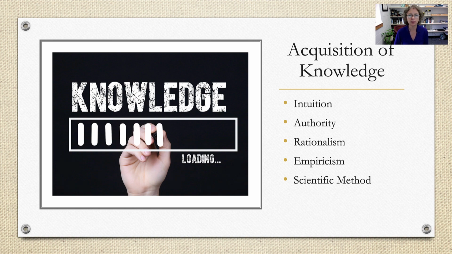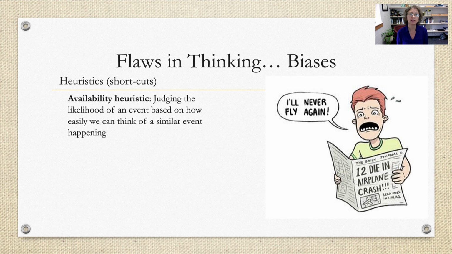And then this leads us into ways that we have flaws in thinking or biases that creep in. A lot of times you'll see this called heuristics, which means shortcuts. Very typical of intuition. We use a lot of heuristics or shortcuts when we're trying to gauge a situation quickly.